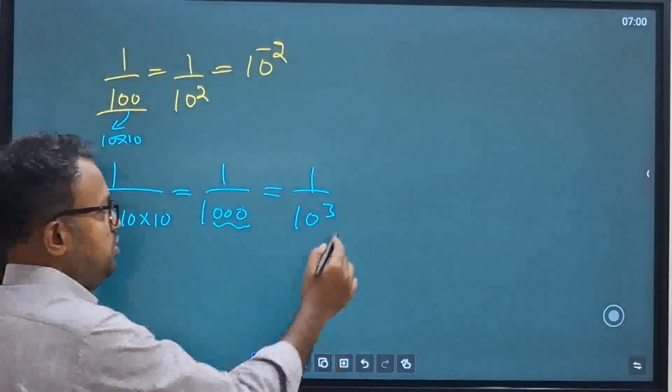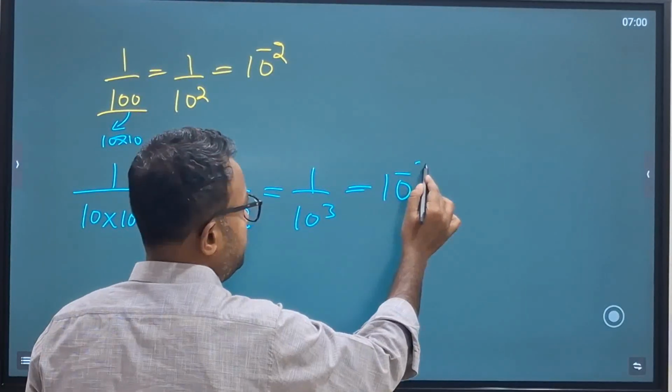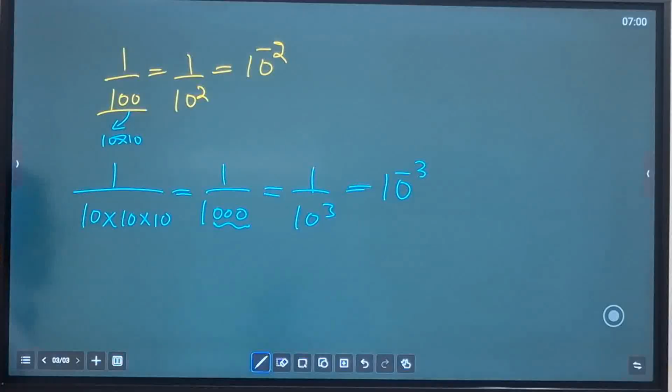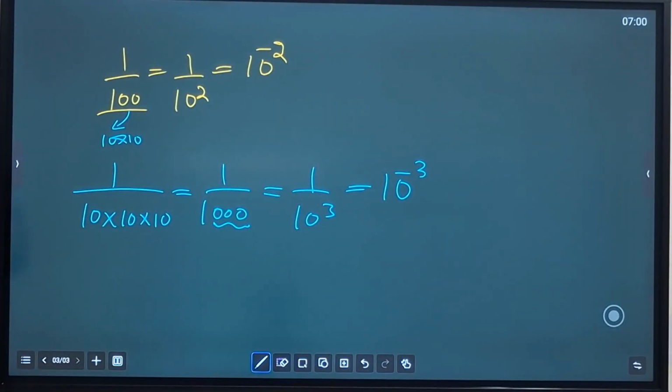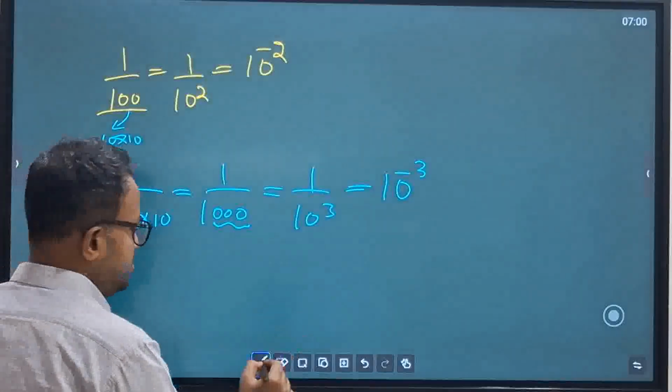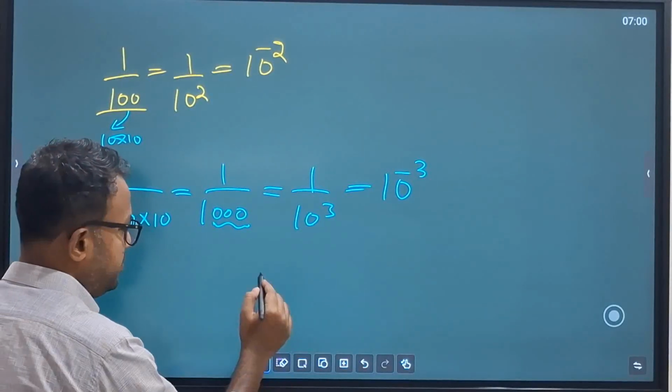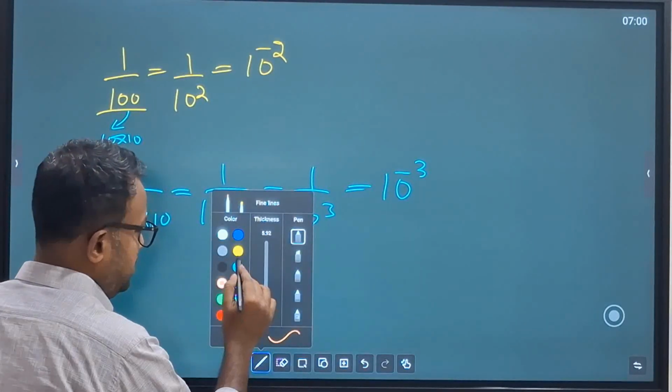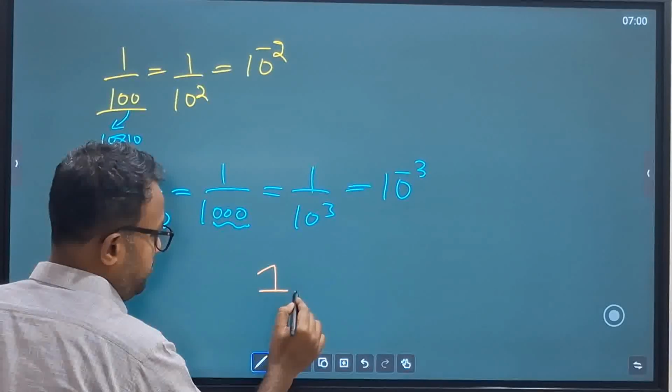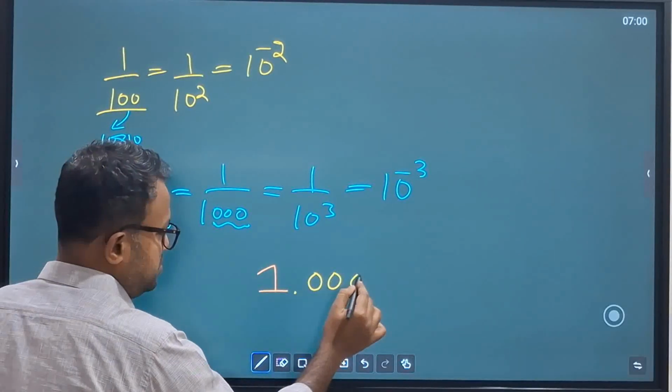1 over 10 power 3 can be written as 10 power minus 3. So now take a number. My number is, say, 1.000.